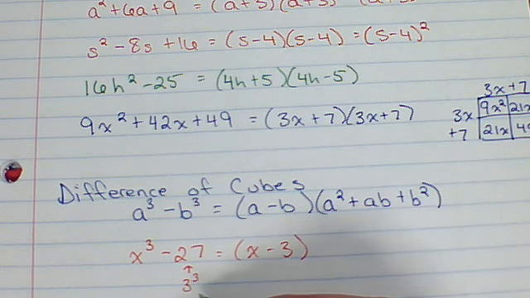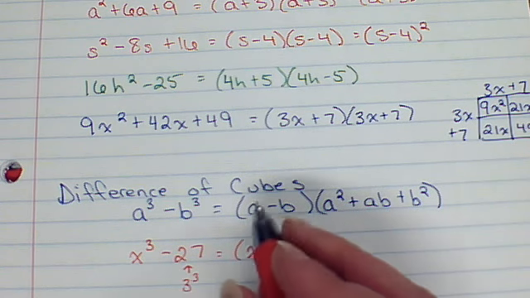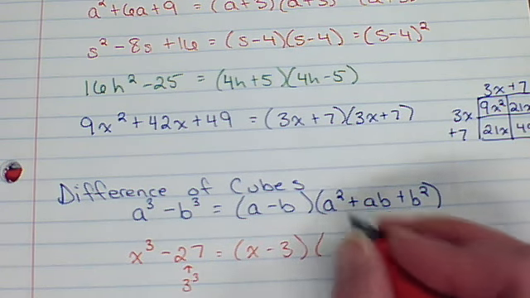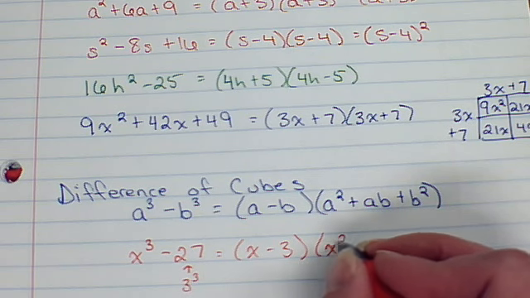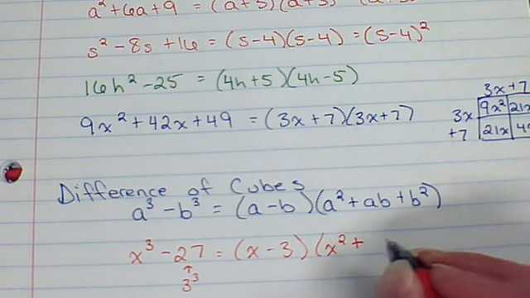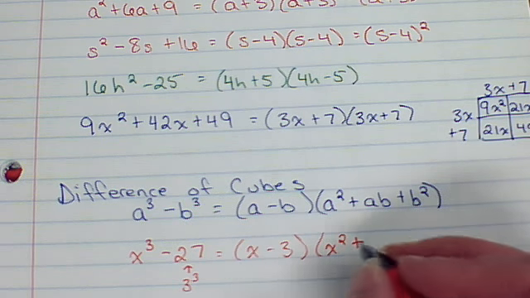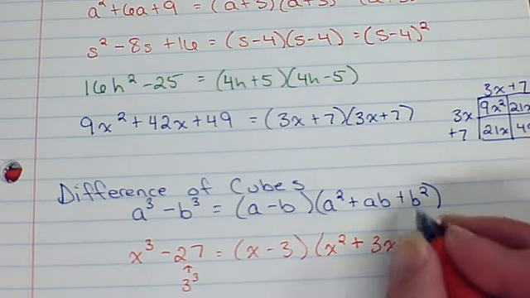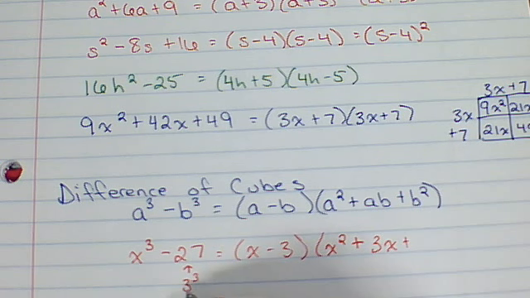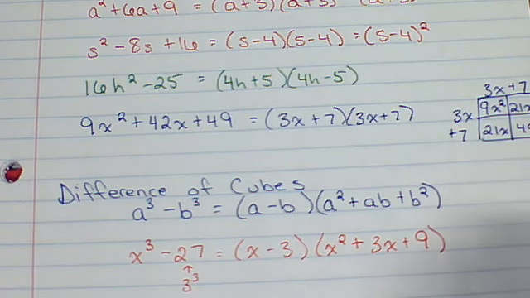So 3 is going in for b, and the x is going where the a's are. So a squared would become x squared plus, very important, this is a plus, the a times the b. So x times 3, or 3x, plus b squared. Well, the b was the 3, so that gives me a 9.